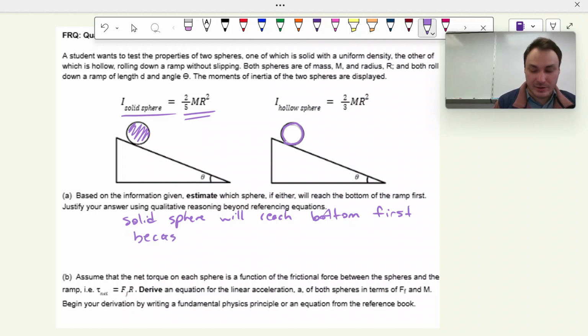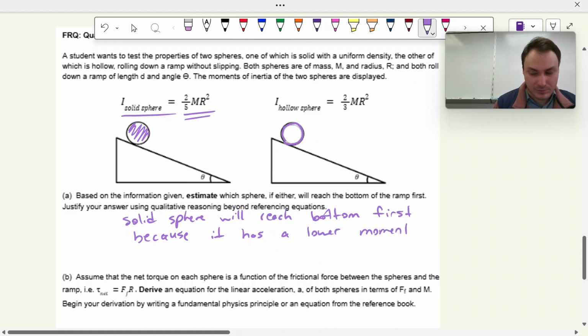Because it has a lower moment of inertia, meaning it is able to rotate easier.